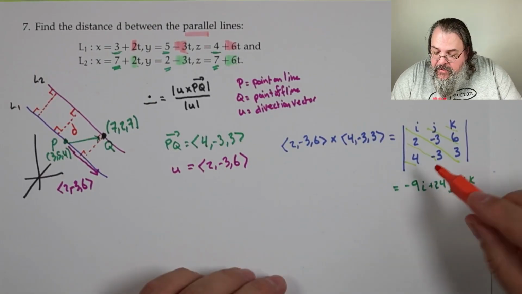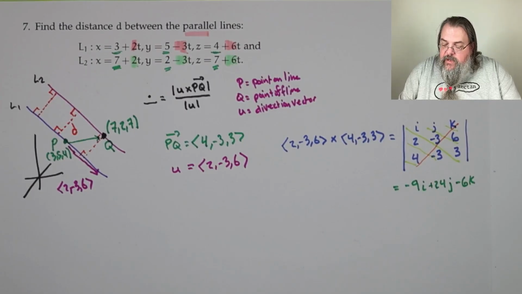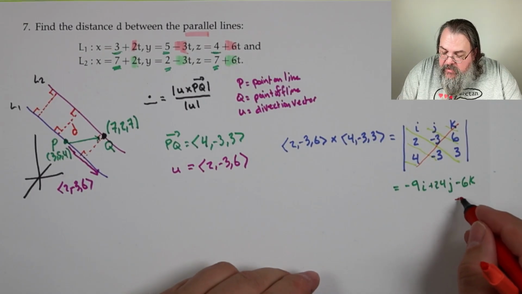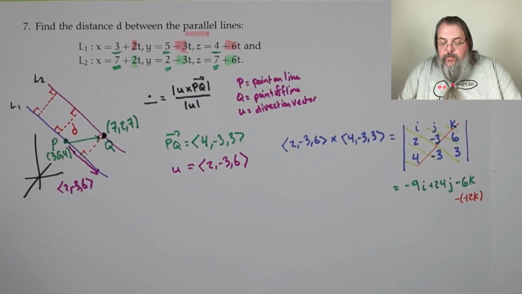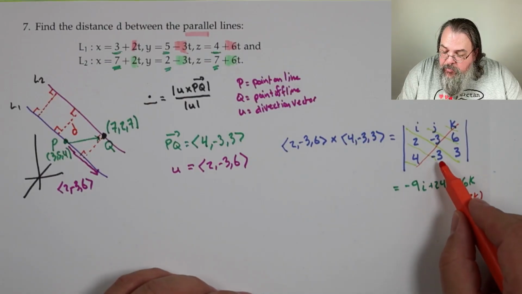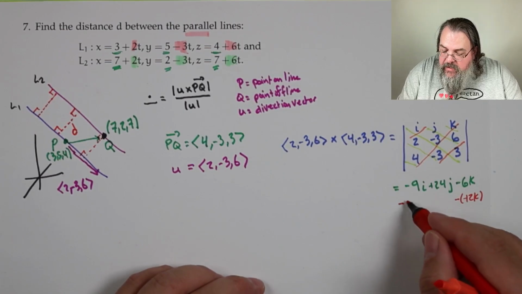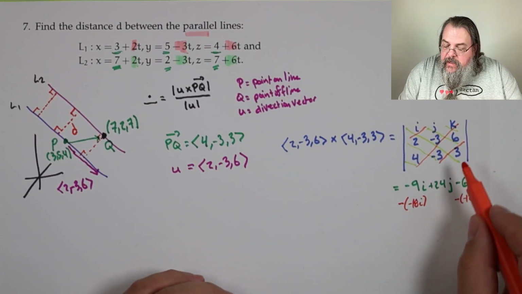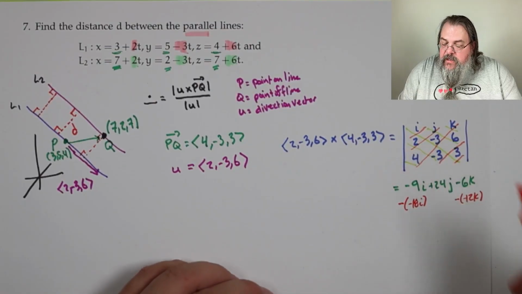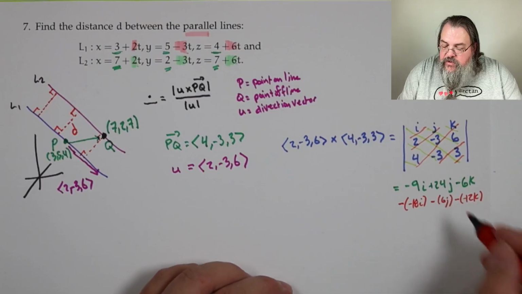Same idea, 4 times -3 times k, that's -12k, but subtract it. So subtract -12k. We add the downhill, we subtract the uphill. Then we have -3 times 6 times i. That's -18i, so we're subtracting -18i, which will make it a plus 18i. And then the last one, 3 times 2 times j. That's a 6j, but we've got to subtract 6j.